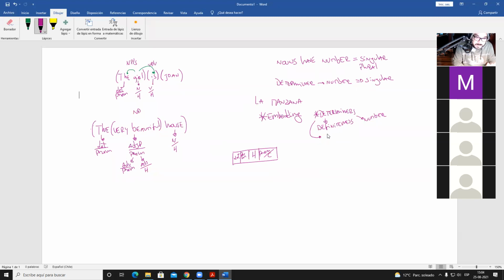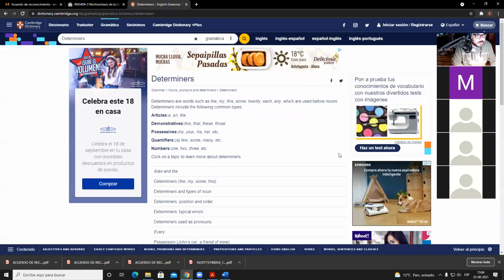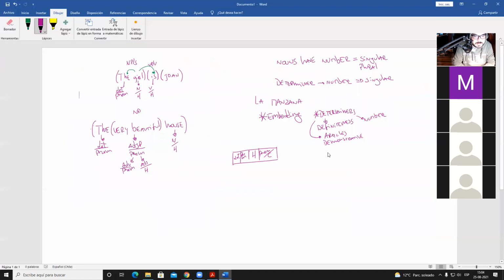So inside of determiners, we will find articles, demonstratives, possessives, quantifiers with Q, right?